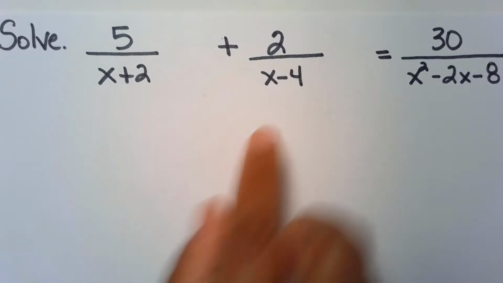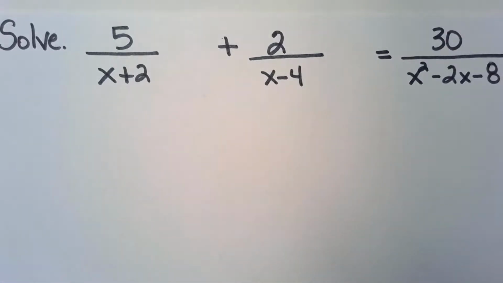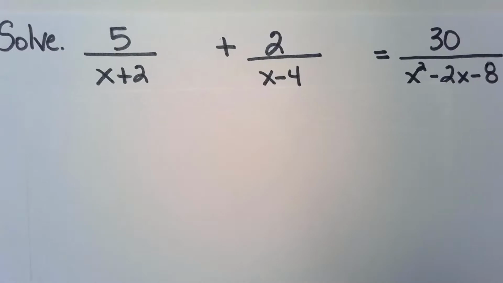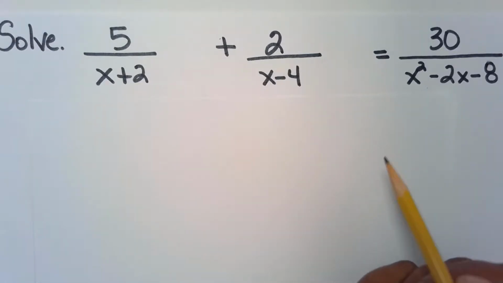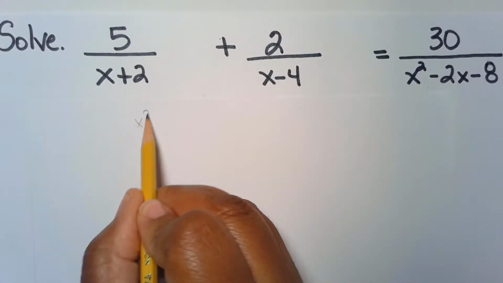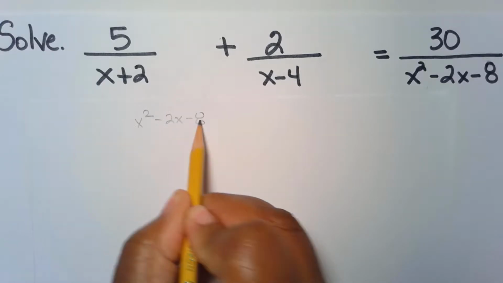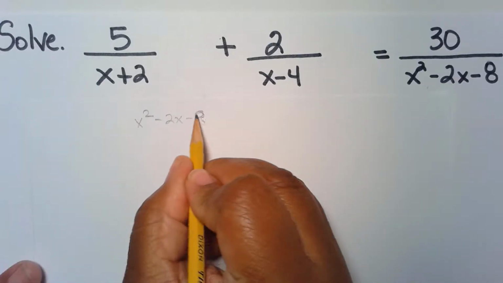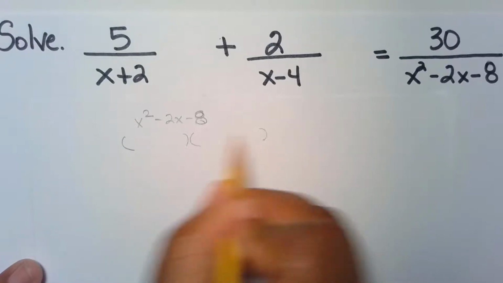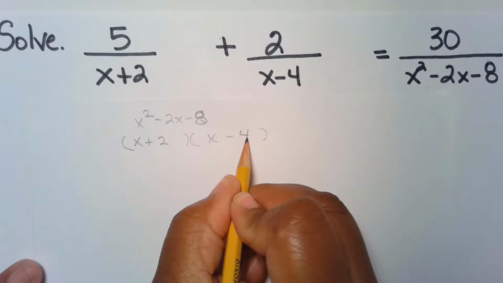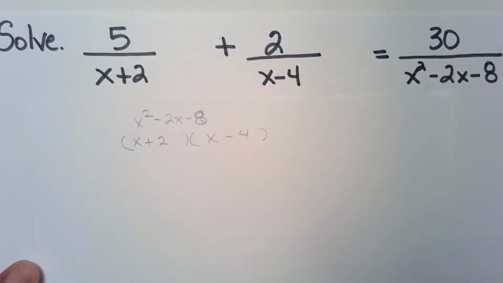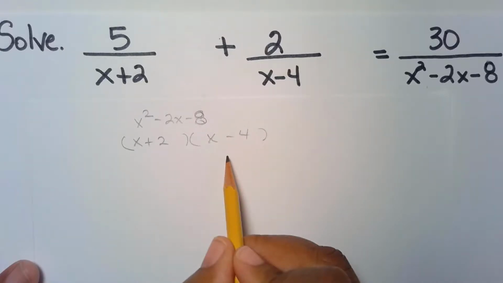So in doing so, let's find the LCD, least common denominator, for our question here. Okay, see, x squared minus 2x minus 8, that factors to being x plus 2 and x minus 4. So then this will be our LCD. Okay, x plus 2 times x minus 4.